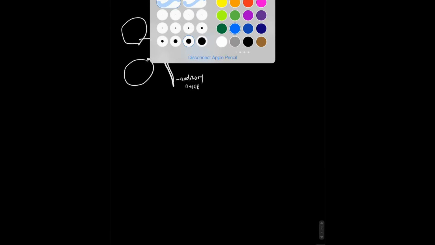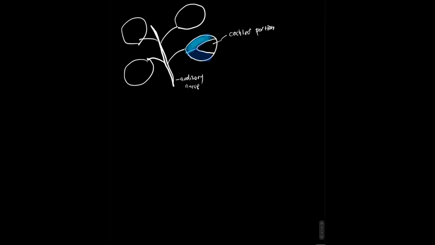I'm going to make it a little bit lighter just to make it easy to see. These two compartments next to the cochlear partition are extracellular fluid, and they're very characteristic of extracellular fluid. They have more Na, sodium, outside. They're generally positively charged, etc.